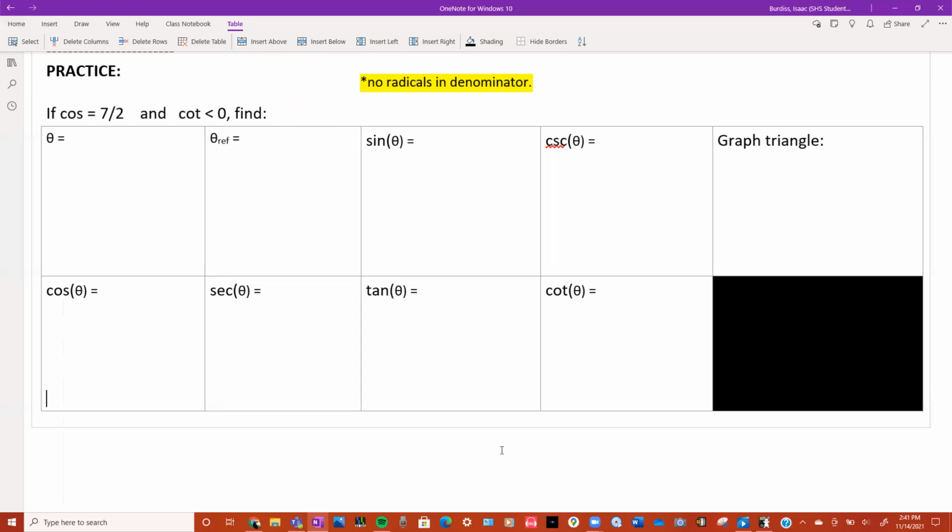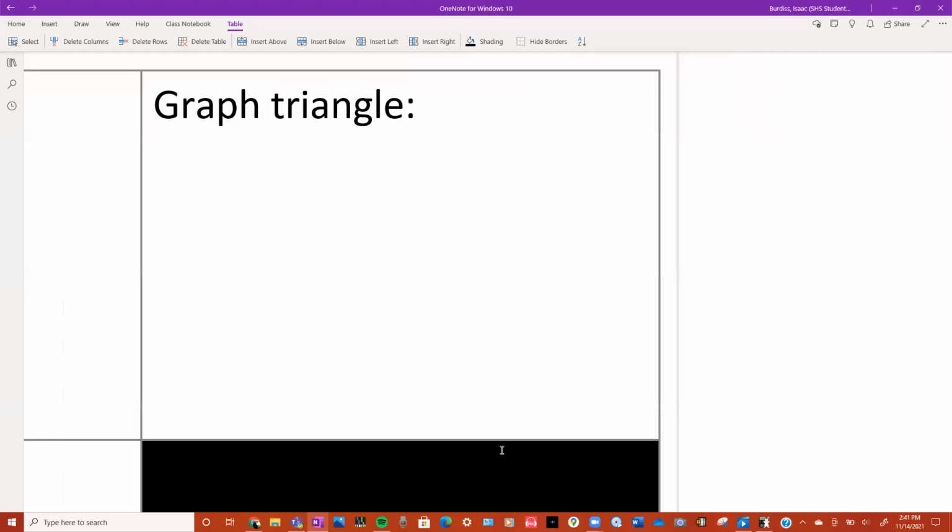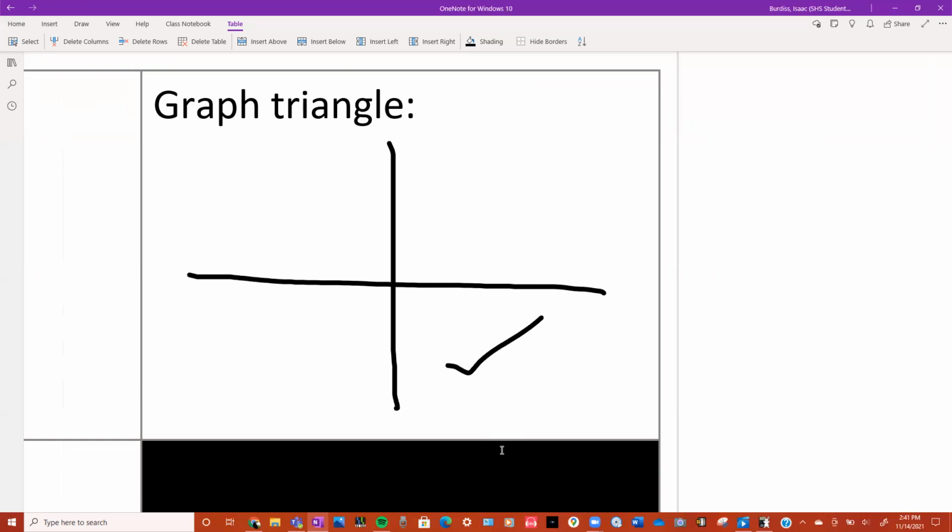Right? So now we're going to go over to right here, and we're going to graph the triangle. Let's have our axes, and we know we're going to be in this quadrant because we just figured that out. What we do is draw the hypotenuse out from the origin, so it would be kind of like that. And then our vertical side goes to the x-axis, so we draw it up like that.